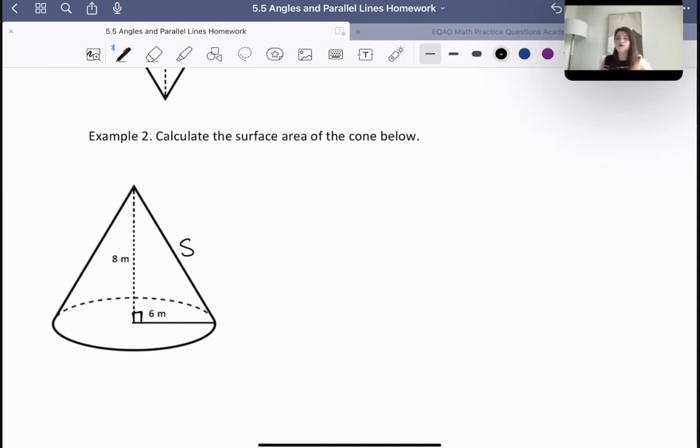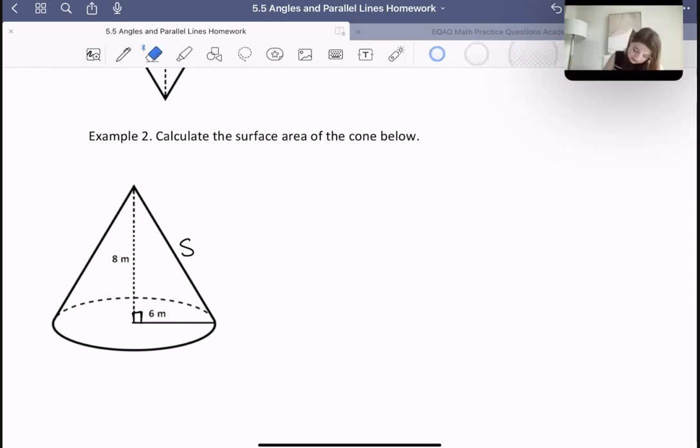There's a whole lesson about Pythagoras' theorem if that's something that you need to learn, or some of you may have learned it last year in grade 8 or grade 7, that sort of thing. But do make sure you're familiar with Pythagoras' theorem for this unit, as it does come back up again in this unit as well.